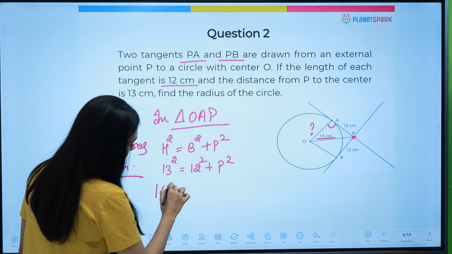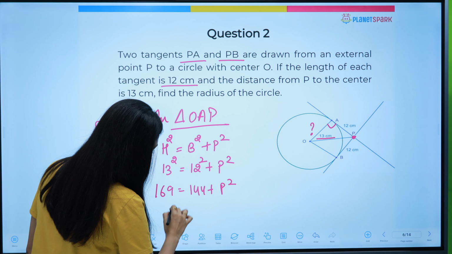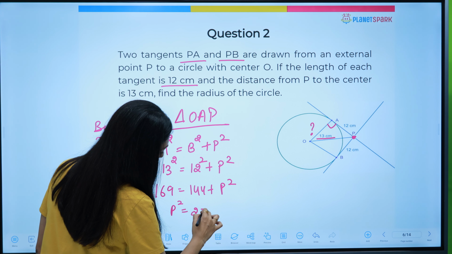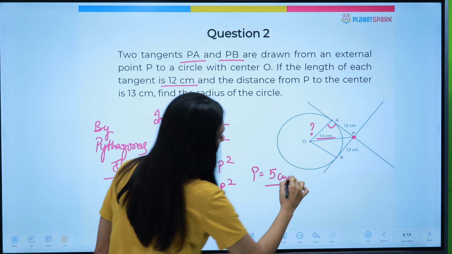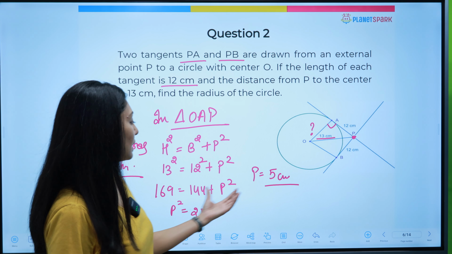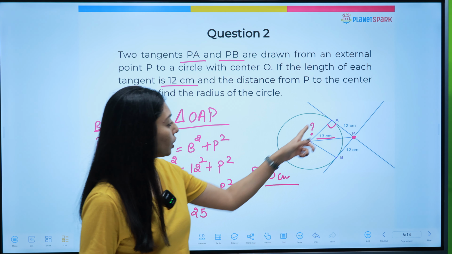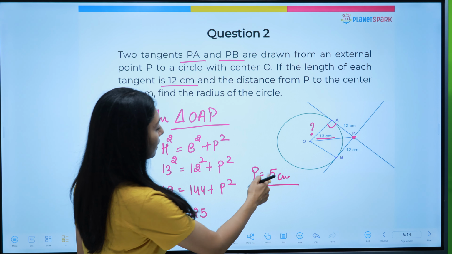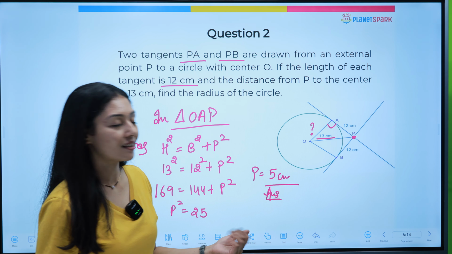Right? That is 169 is equal to 144 plus p square. P square is equal to what? 25. P will be what? 5 centimeters. So that is the radius. Positive one we are taking here because we are talking about lengths. Lengths can't be negative. Right? So what have we got as the radius? Radius is 5 centimeters. And that is the right answer.